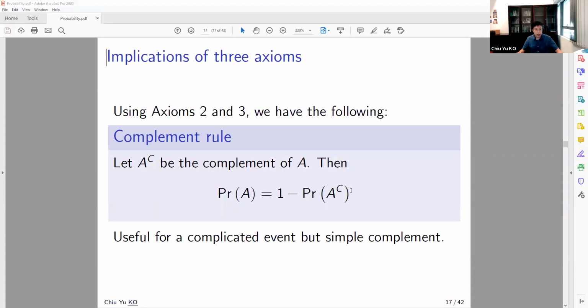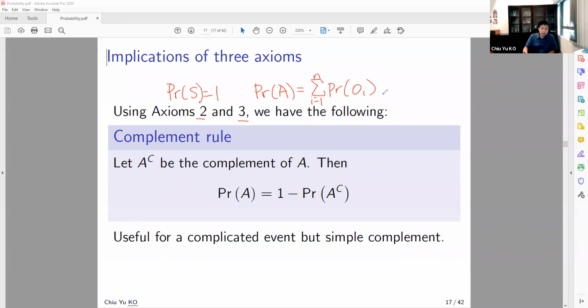So let's have one rule that will often be used, based on axioms 2 and 3. Axiom 2 says that the probability of the sample space is 1. Axiom 3 says that the probability of an event is the sum of the probabilities of its outcomes if the outcomes are mutually exclusive. Just to make sure you remember that. One special case is a partition.